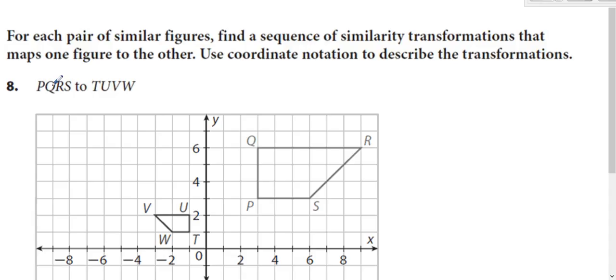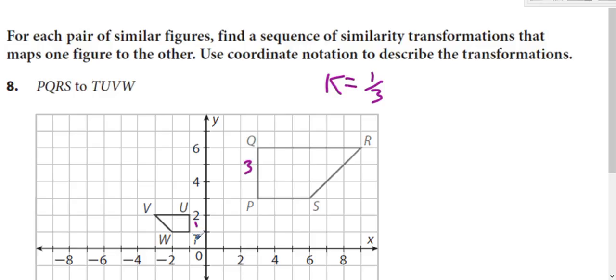So this time we're taking PQRS, so the one over here in quadrant 1, and making it match up with TUVW. So it's definitely going to need a dilation with a scale factor smaller than 1, a fraction, because this side length goes from 3 to 1. So you take the image over the pre-image, that's going to be our scale factor.